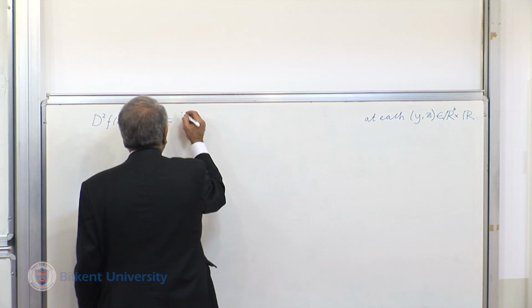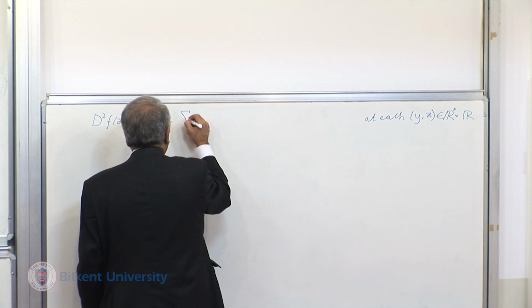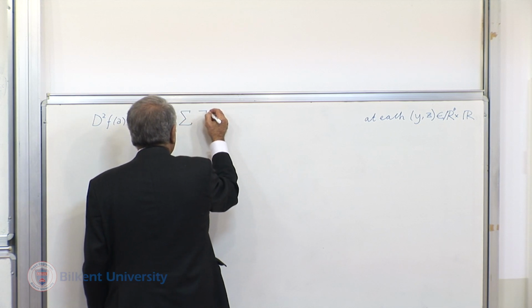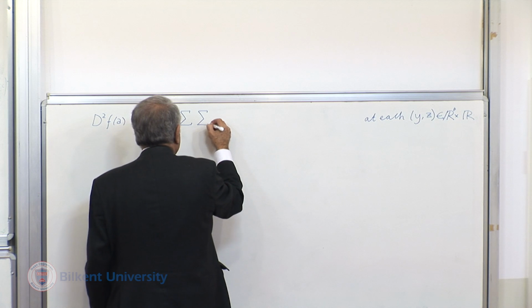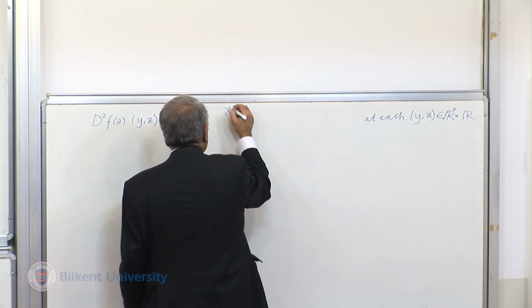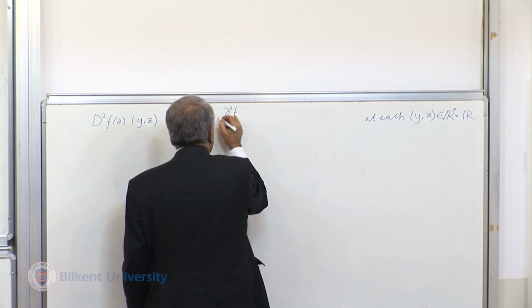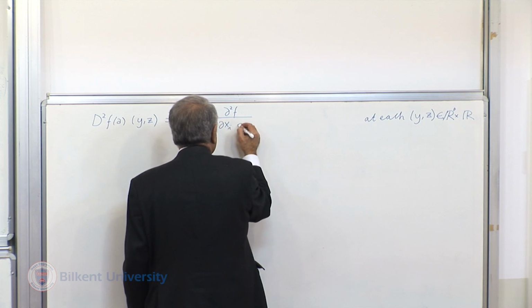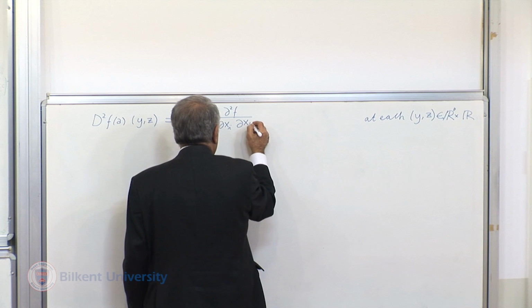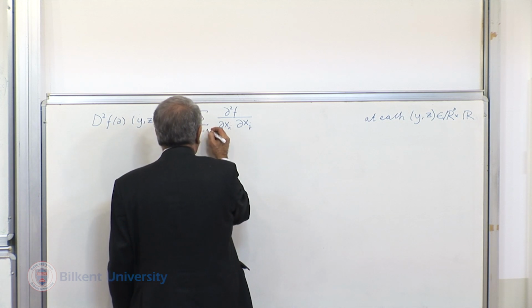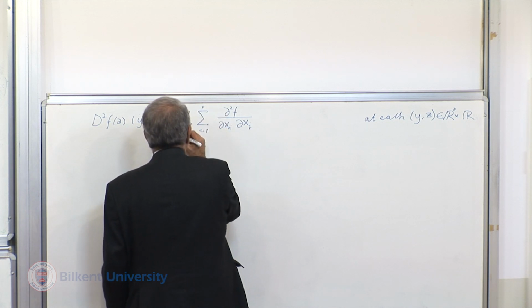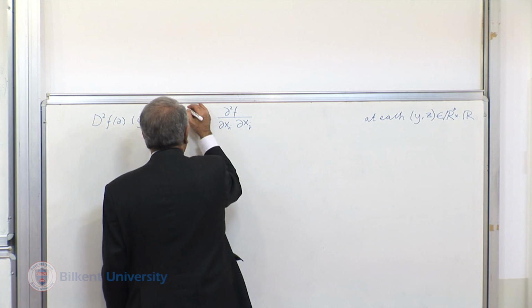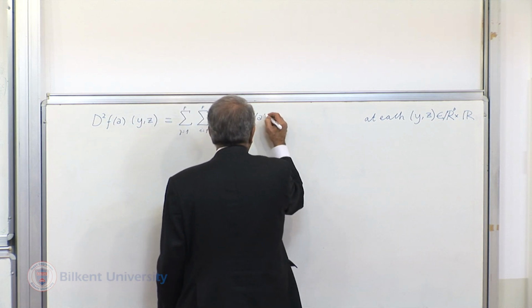Now here, we will have a double sum over the second order partial derivatives, del xi, del xj, i from 1 to p, j from 1 to p, at a.